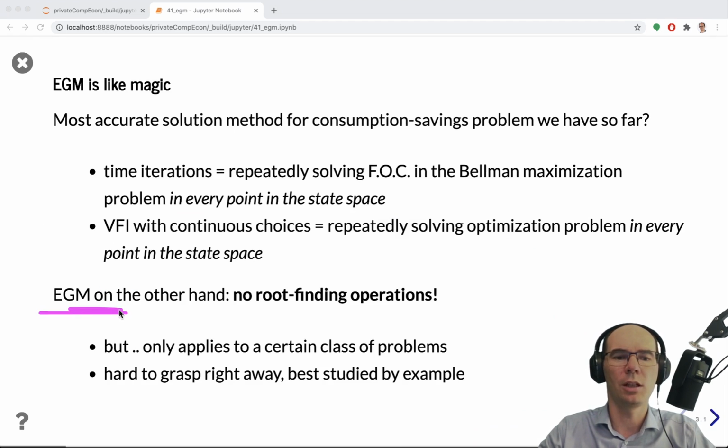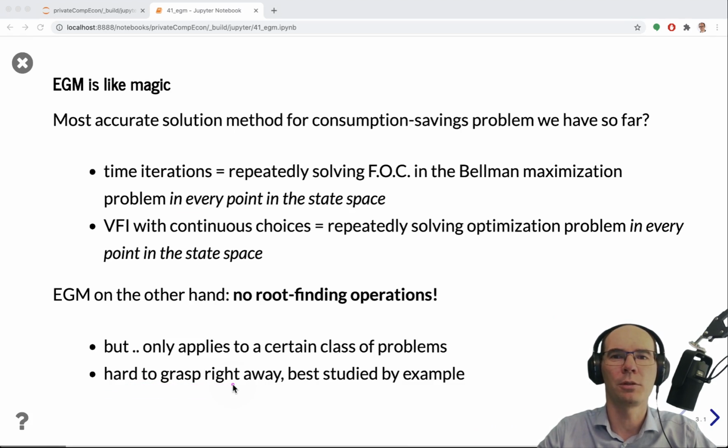Imagine now that EGM is a method that requires no root finding operations. It's just a direct computation. You just compute optimal choices in one iteration for the different grid points, but no repeated computation of the optimal actions. Well, like I said, it only applies to a certain class, and it's kind of hard to grasp.